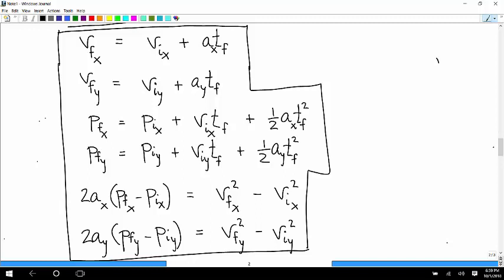And then if you look through these 2 equations, let's see, what do we need? So we need everything else to be known, and we don't know time final. So that one isn't going to work. And then this one, we don't know the y component of velocity.